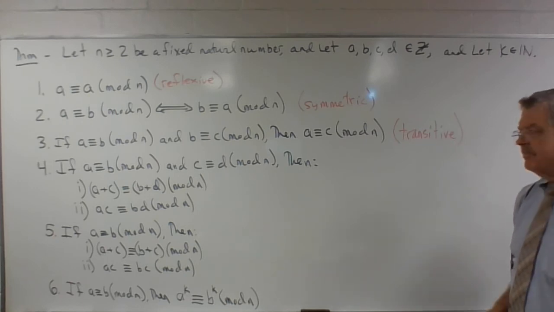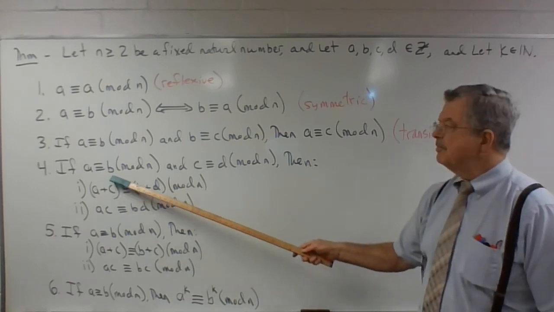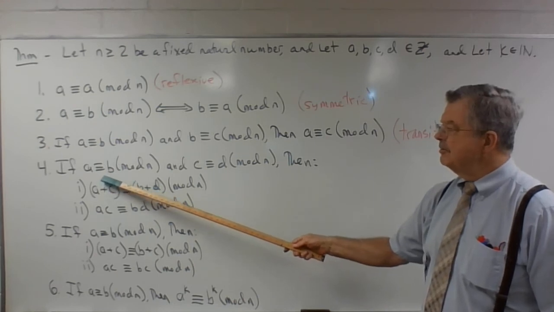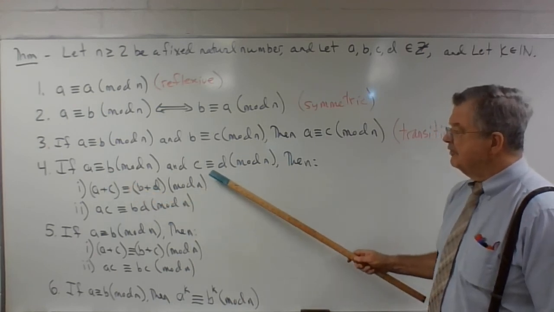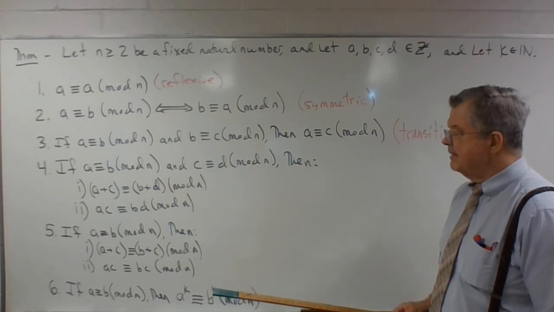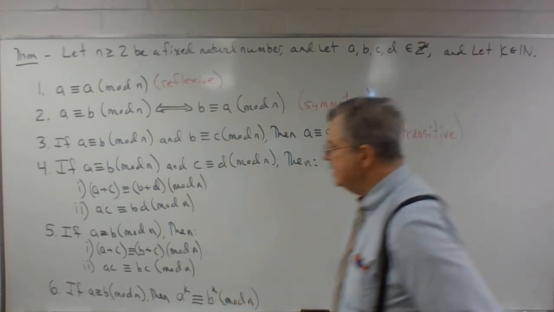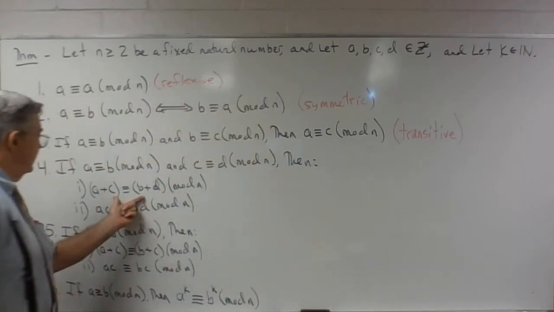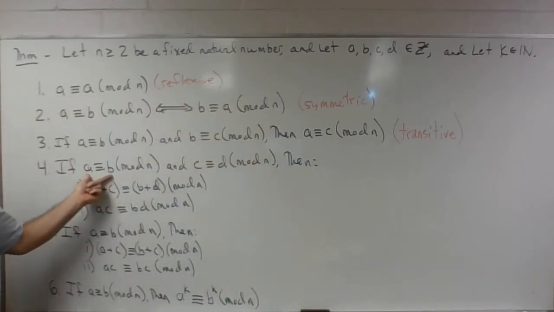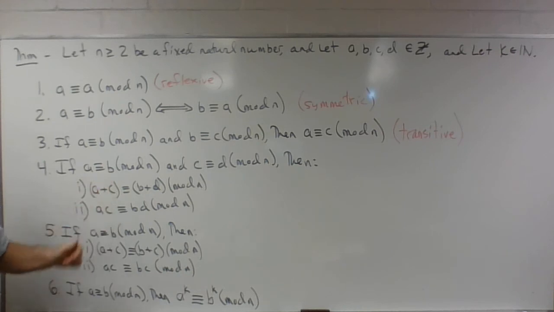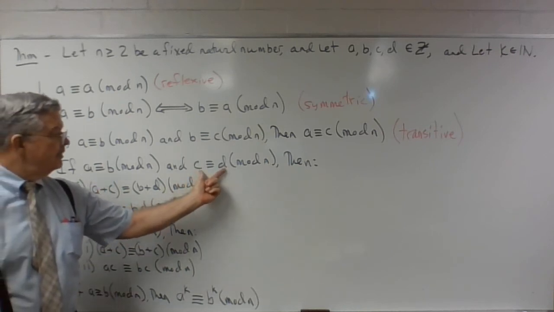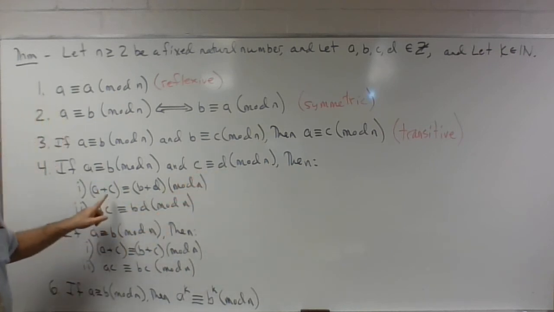Now, in 4, we're supposing that a is congruent to b mod n, and c is congruent to d mod n. And so what we're doing here is we're taking the congruence a congruent to b, and we're adding congruent things, c and d, to each side of the congruence.